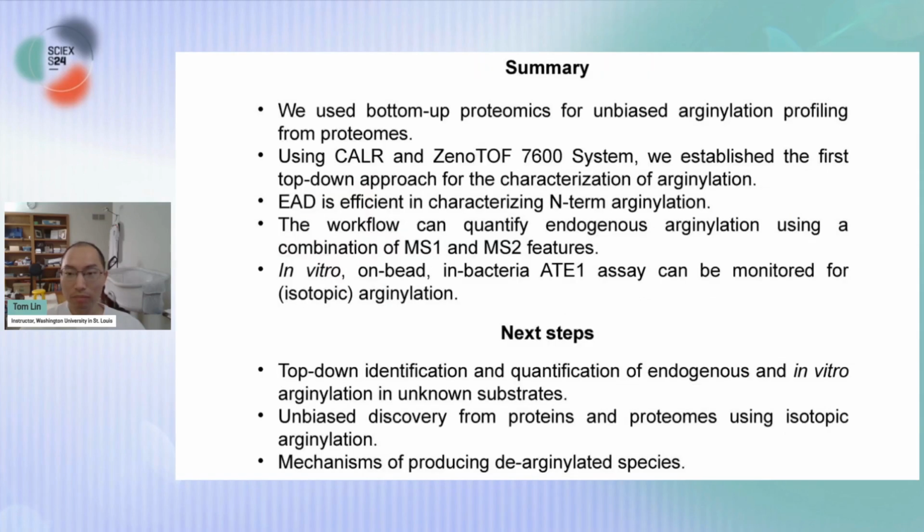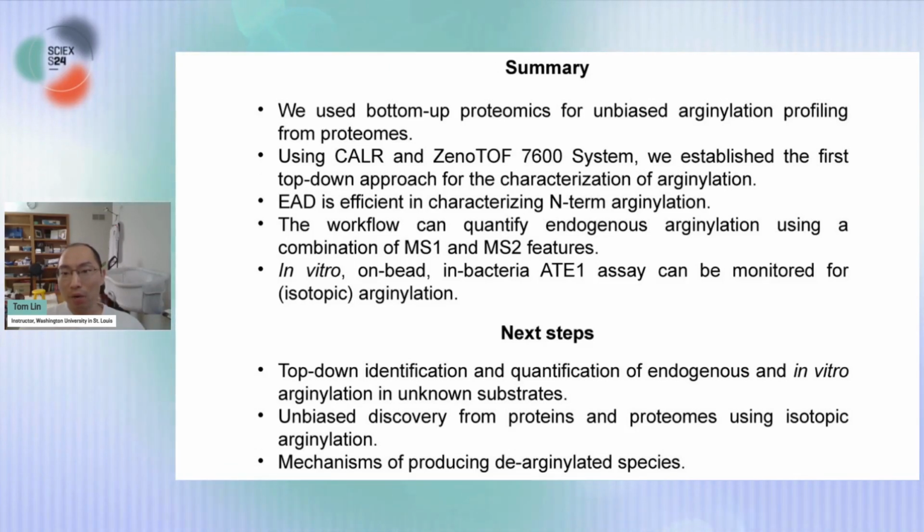To summarize, I hope that you are convinced that we can use bottom-up proteomics to unbiasedly profile the arginylation from different proteomes. And using the calreticulin and Xevo 7600 system, we established the first top-down approach for the characterization of the arginylation.